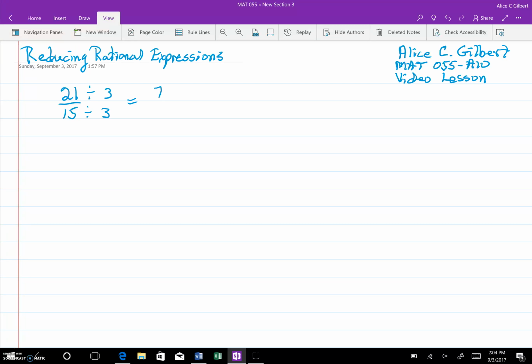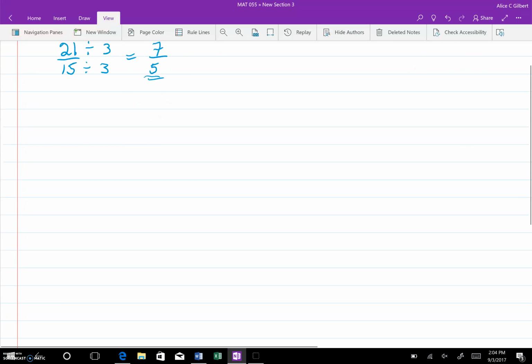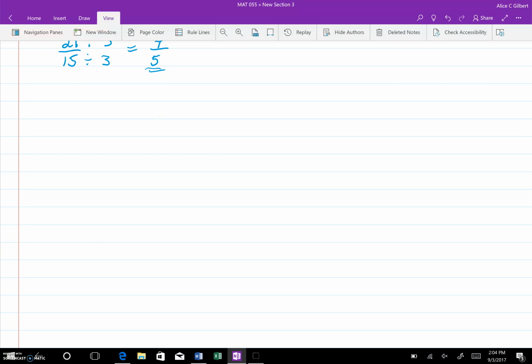So 21 divided by 3 is 7, and 15 divided by 3 is 5. And this is my reduced fraction, okay? Our expressions will just be a little more complicated than that. That's all. Okay, so let's get started. Let's try some of these.